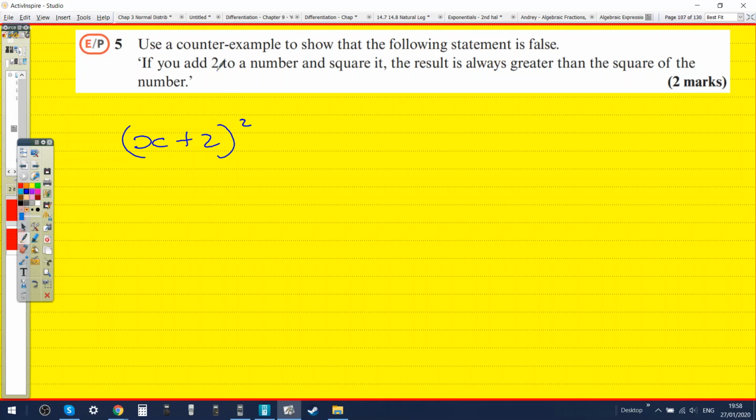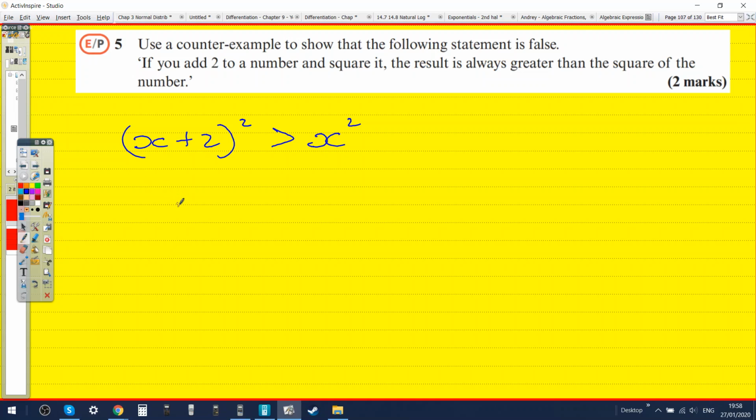So if you add 2 to a number and square it, the result is always greater than the square of the number. So we got 81, which is bigger than 49. So that didn't violate it. Anything else? Could we try a negative number?